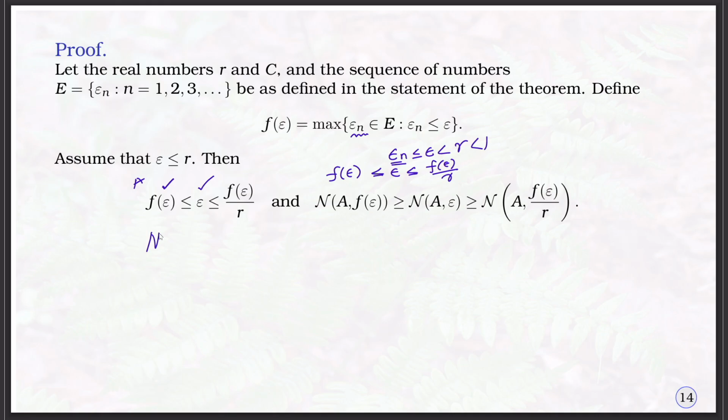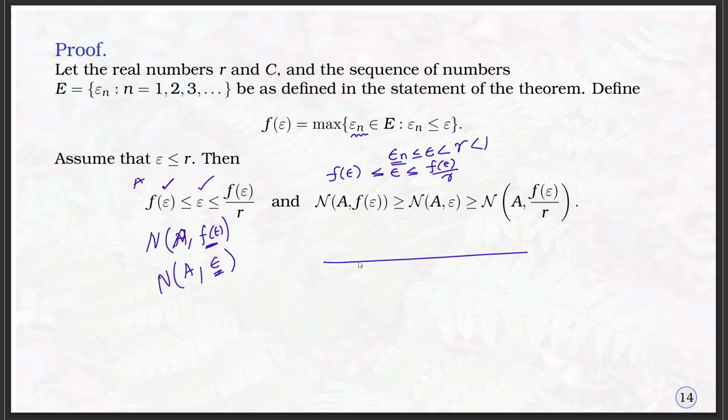That means you can find the number of boxes needed to cover the set A with the radius f of epsilon, and the number of boxes, boxes meaning closed balls, required to cover A with the radius epsilon. Now, f of epsilon is less than epsilon. Therefore, one can understand that the number of boxes will increase.